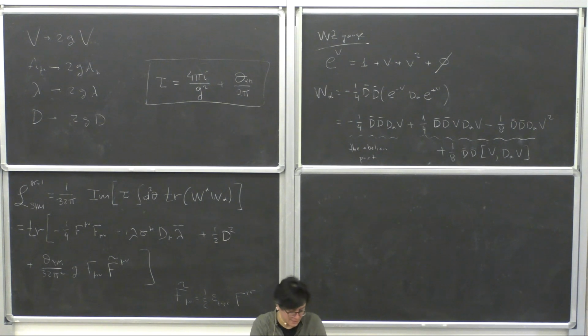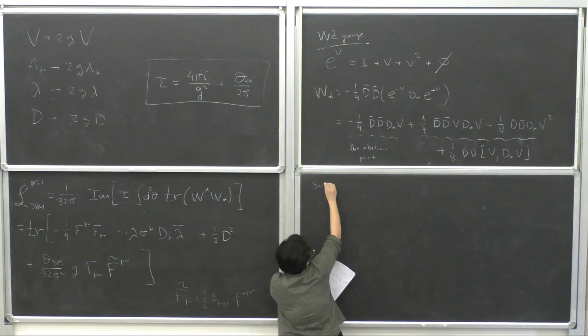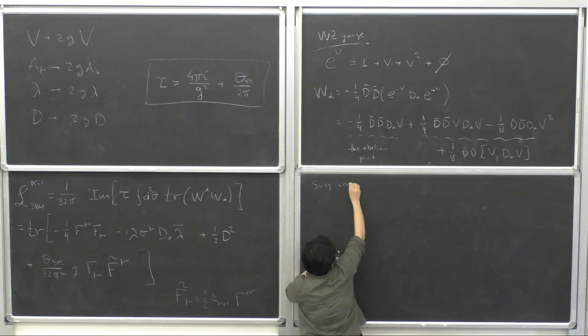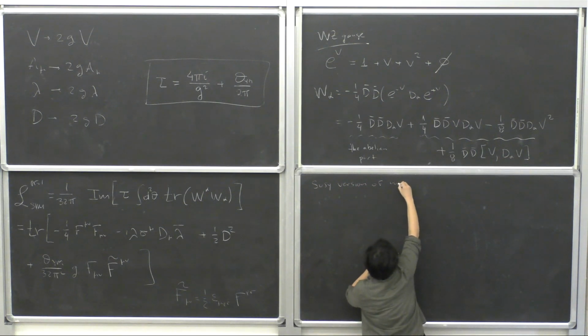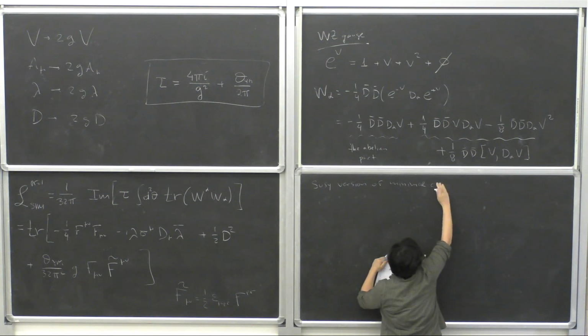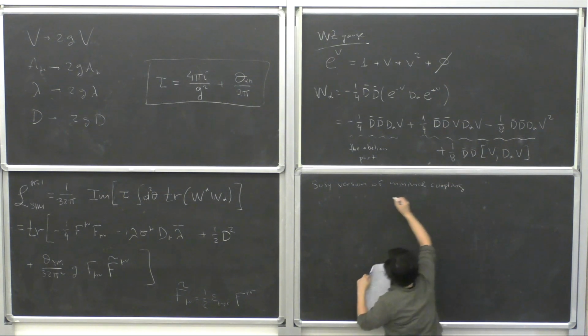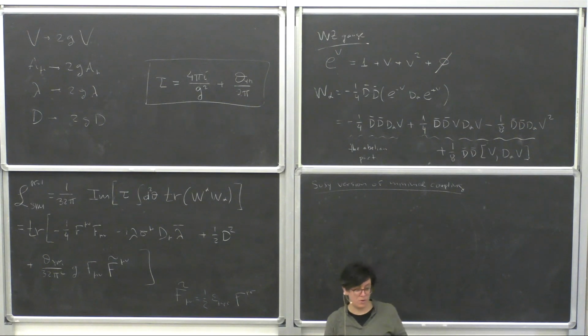So now we need to understand the supersymmetric version of what is called minimal coupling in quantum field theory, or gauge matter interactions, however you want to call it.